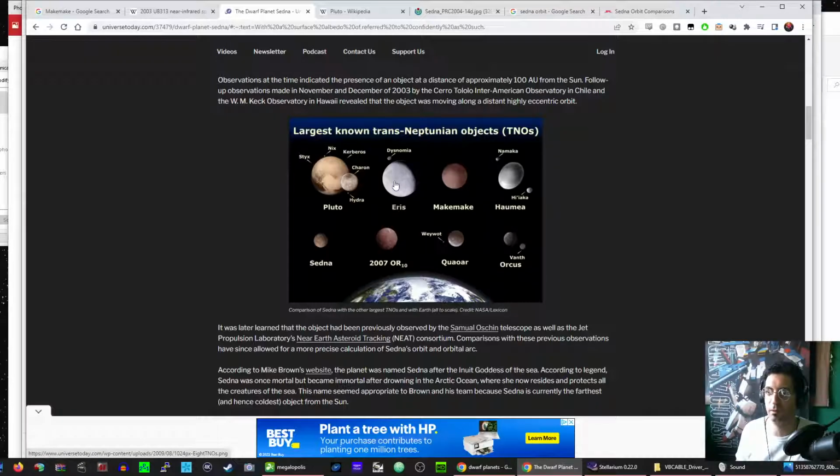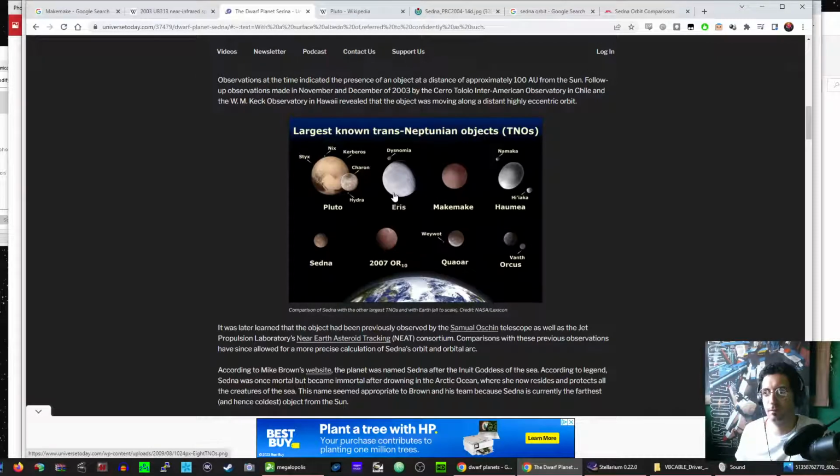Eris has its moon. There we go. Look at Eris and Pluto. So, bottom line up front, Pluto has a relatively sane orbital period of 247 years. Whereas Sedna has an orbital period of thousands of years.